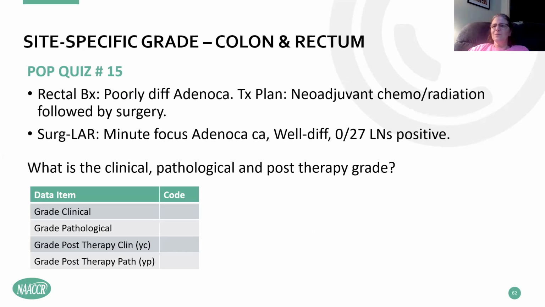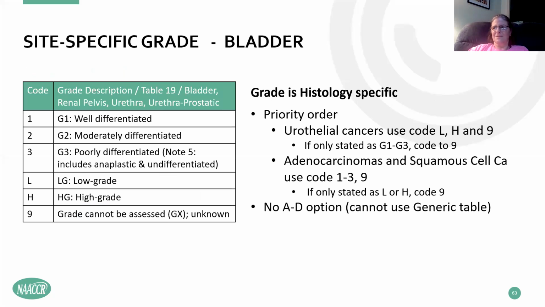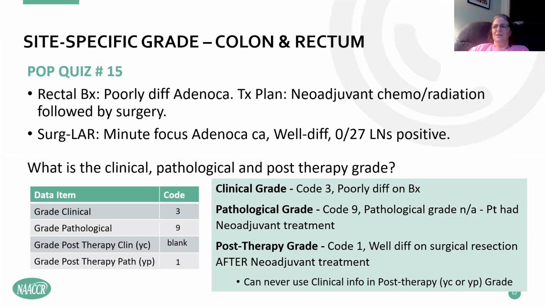So here we have an example. The patient had a rectal biopsy, poorly differentiated adenocarcinoma, had neoadjuvant chemoradiation followed by surgery. Then we have a surgery, which is minute focus adenocarcinoma, well differentiated. What is the clinical, path, and post-therapy grade? So for the clinical grade, you code 3, poorly differentiated on biopsy.